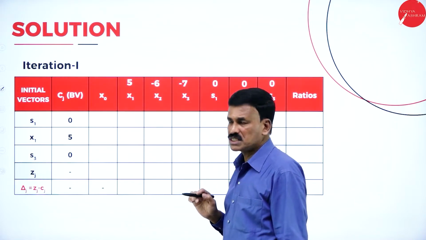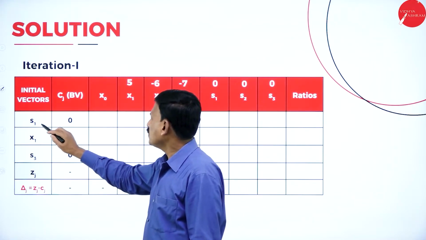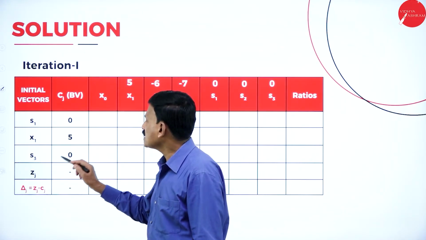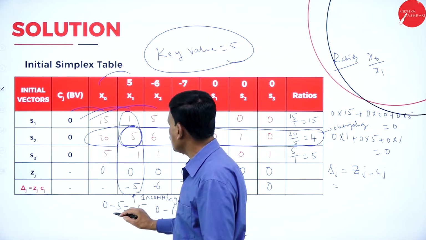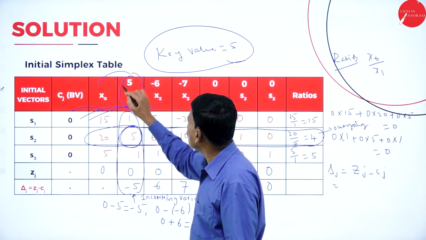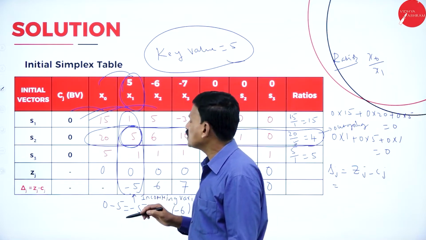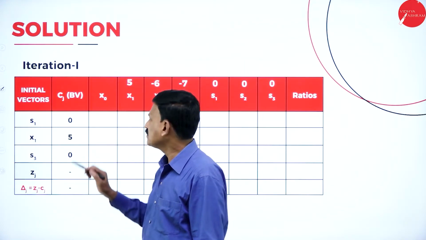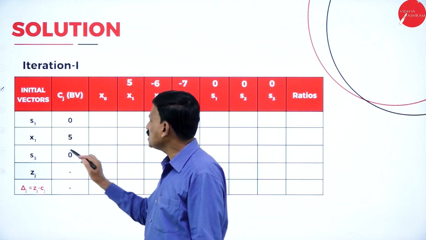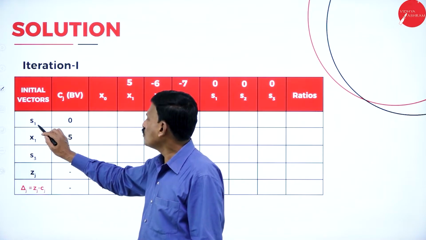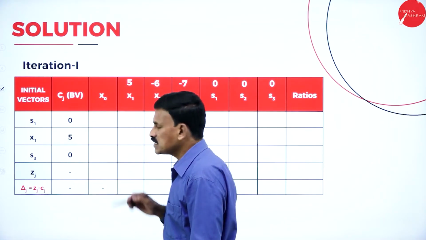The first row is the same, and s3 is also 0, whereas S2 outgoing is replaced by the incoming x1, and the coefficient of x1 is 5. So x1 and 5. This is very important. The coefficient of x1 is 5, and s1 and s3 are 0 as they are.